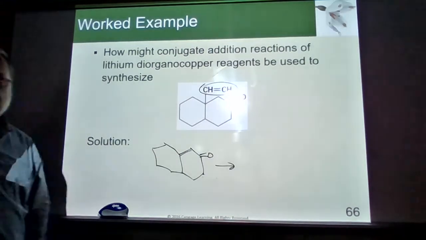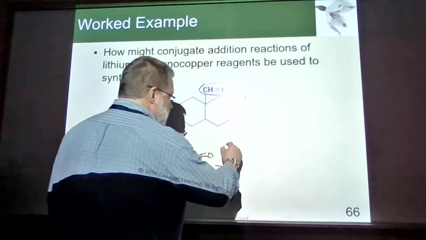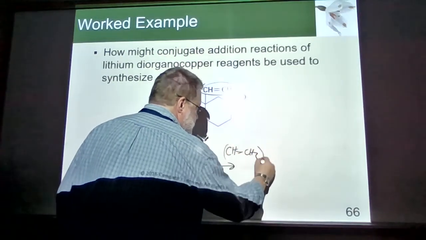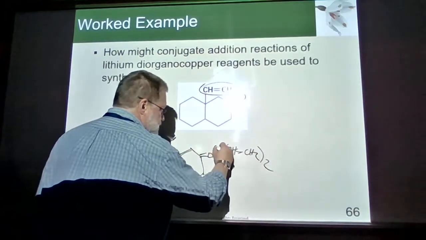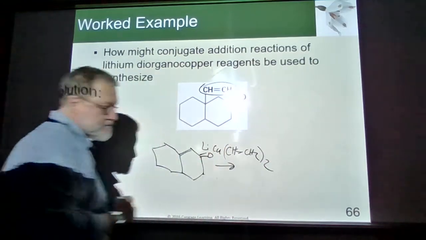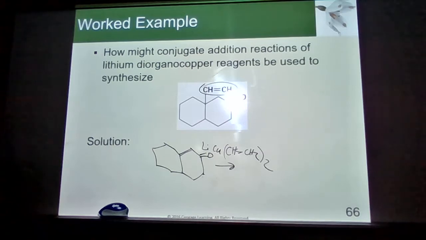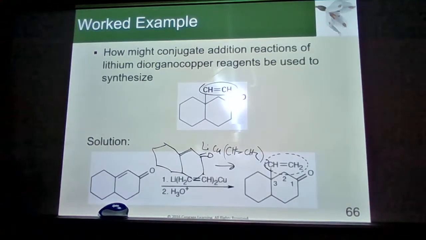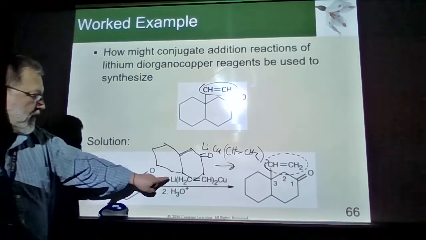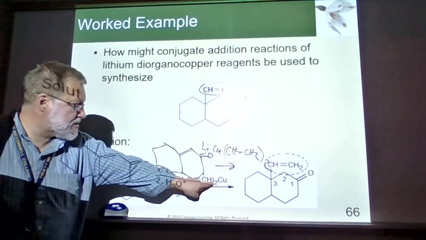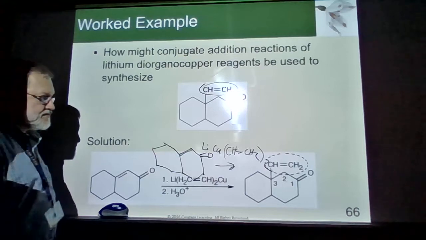Start out with this alkene, react it with that species. So we have a lithium complex to the CH2 double bond CH to copper.